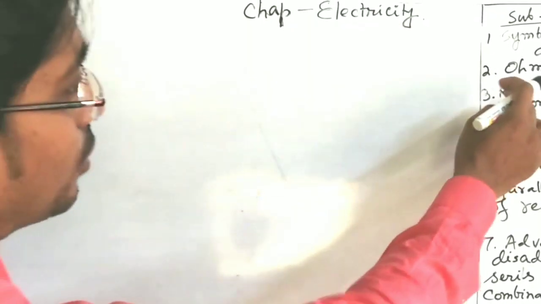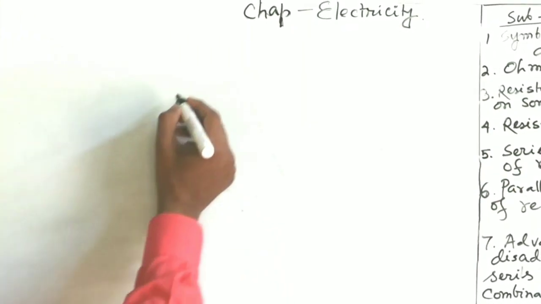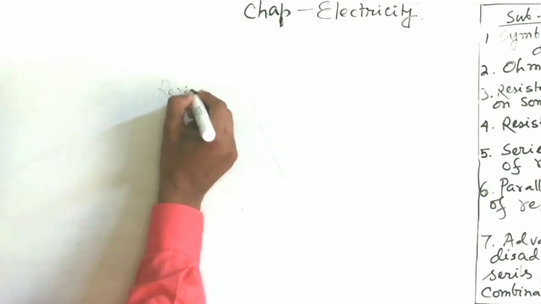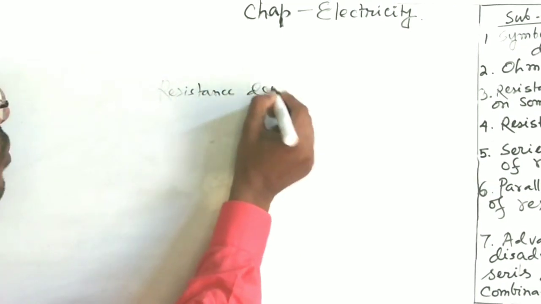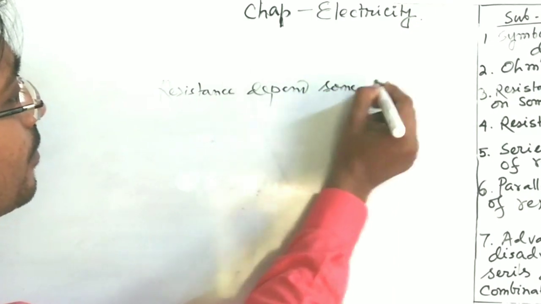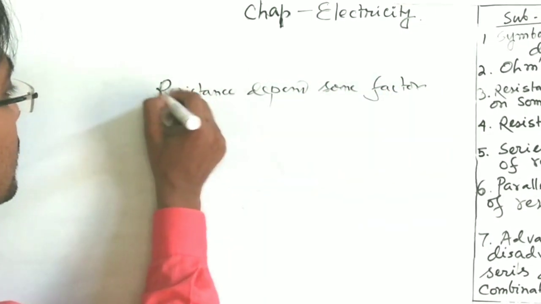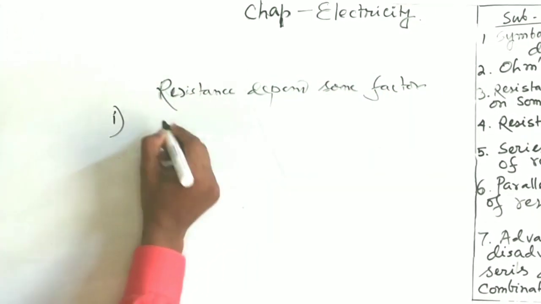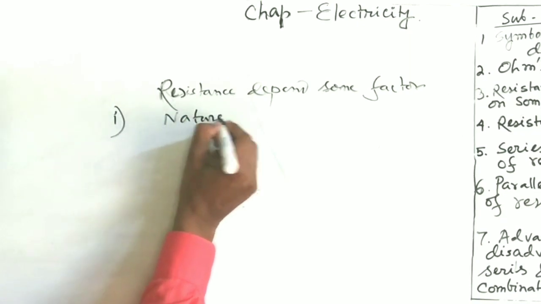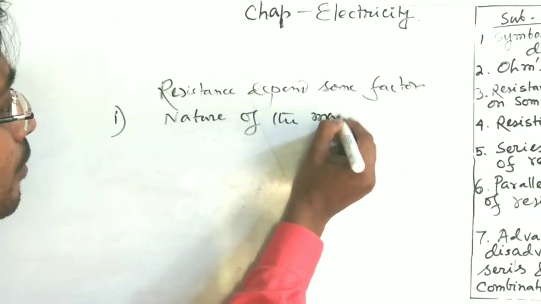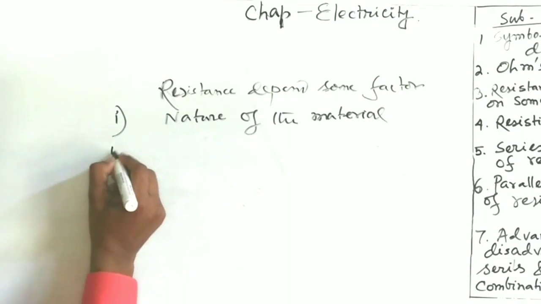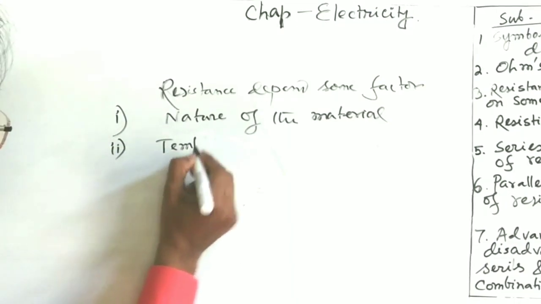Now go to the third topic, that is, resistance depends on some factors. First of all, resistance depends on the nature of the material. It also depends on the temperature of the material.